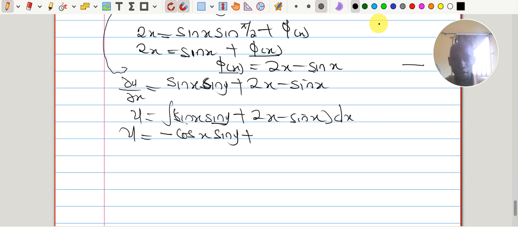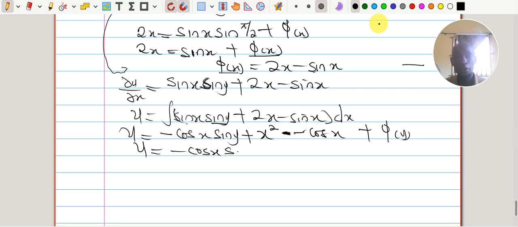Minus the integral of sine x, which is minus cos x, so this will be plus cos x, plus phi of y here. We can now have u equal to minus cos x sine y plus x squared plus cos x plus phi of y.